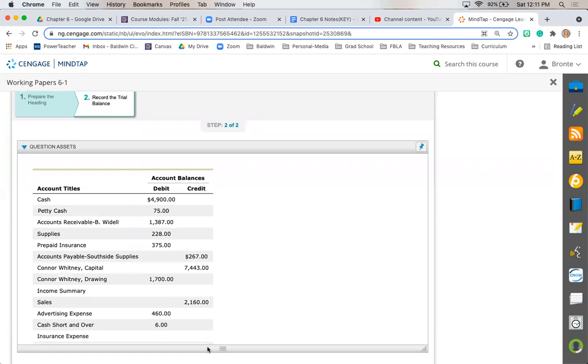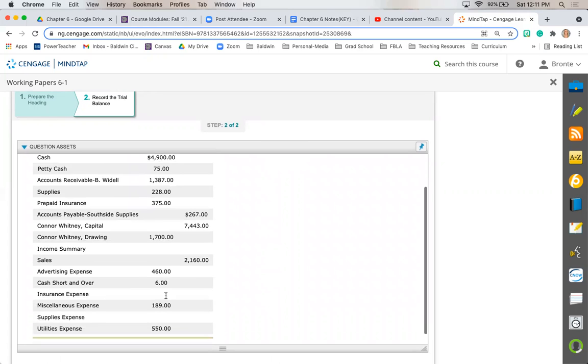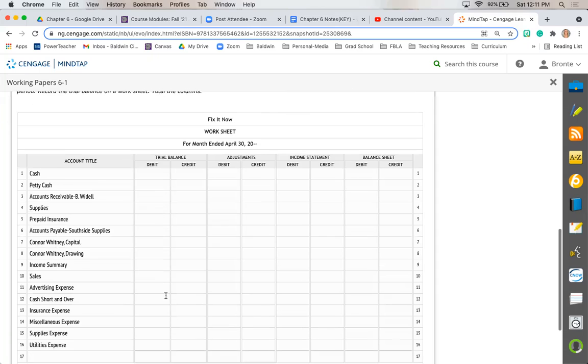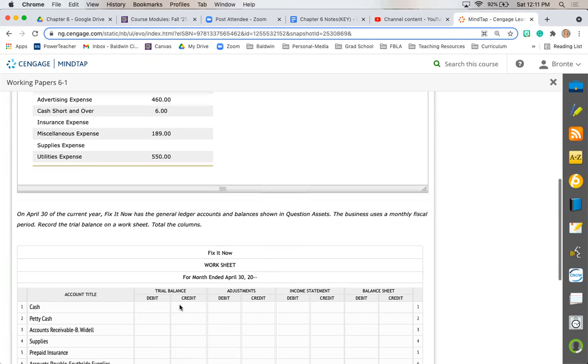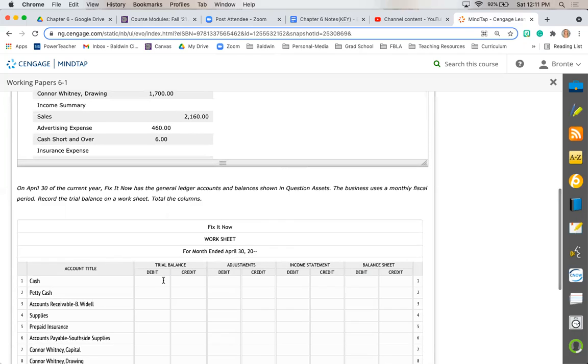Up here at the top, it has all of our account titles and our account balances, debits and credits. We are going to move down the balances. Normally you would have to put in your account titles. MindTap saved you a little bit of time. So all we're having to do is literally bring down the balances as they are. So we have cash, 4,900.